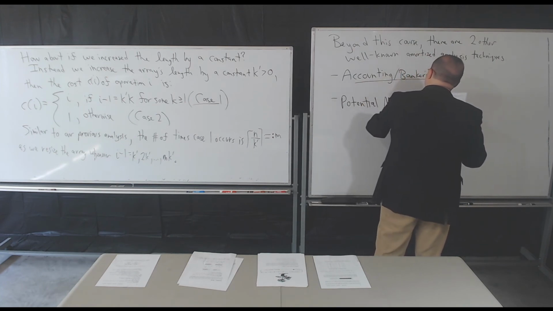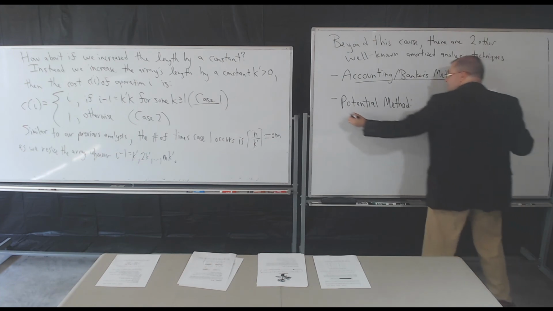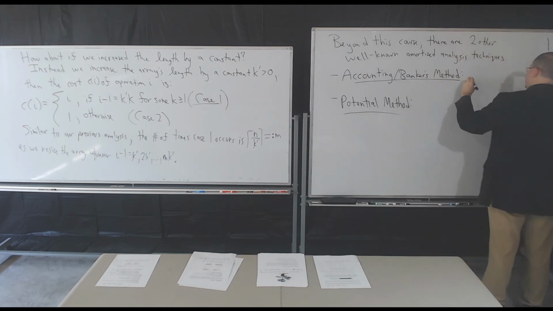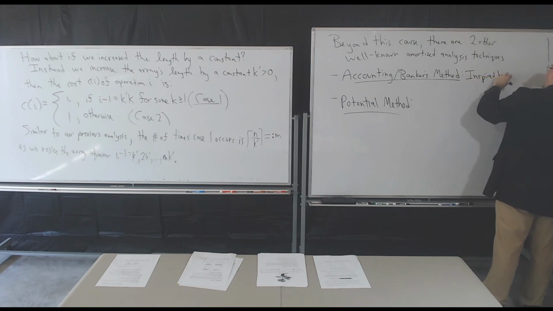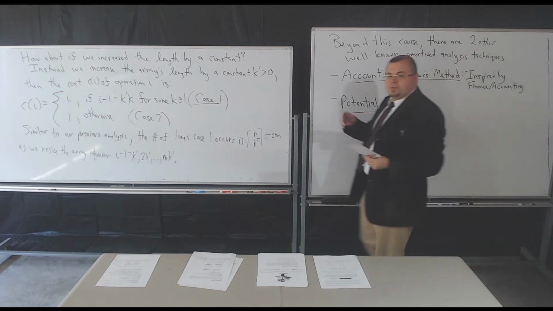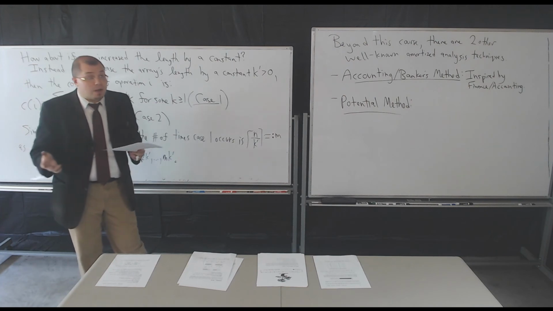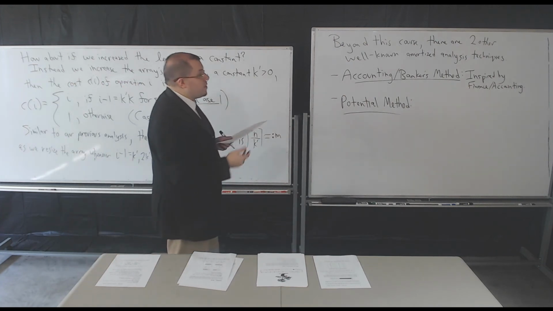So there's two of them. One's called the accounting or banker's method. The other one's called the potential method. So the banker's method is inspired by finance or accounting. So in the banker's method, what you do is you assign costs to each of your inexpensive operations and your expensive operations.